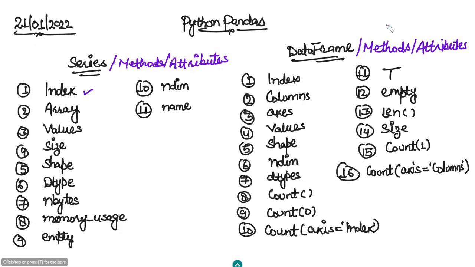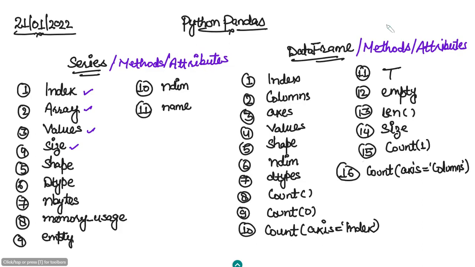Just overview them: index, array, values, size. Array returns a pandas array of the values of the series, right? And values returns all the values of the series. Size is the attribute which is used to calculate all the elements of the series, right?